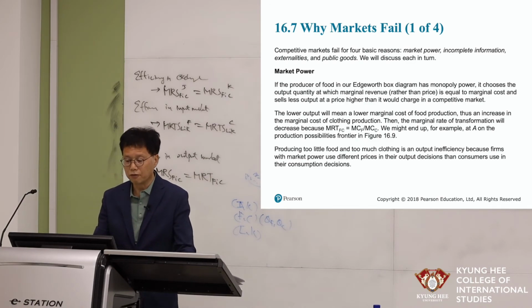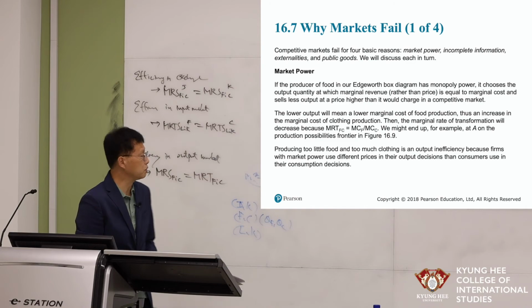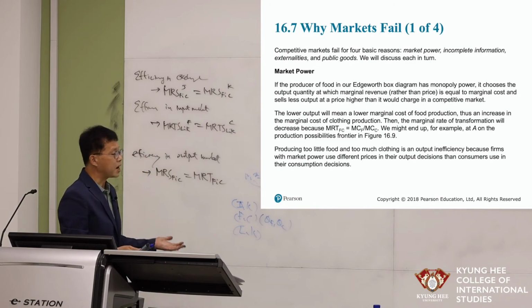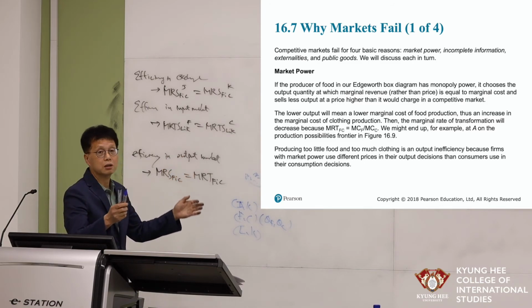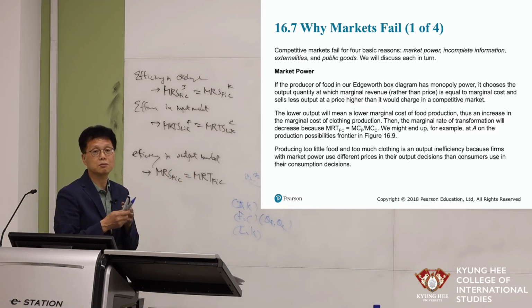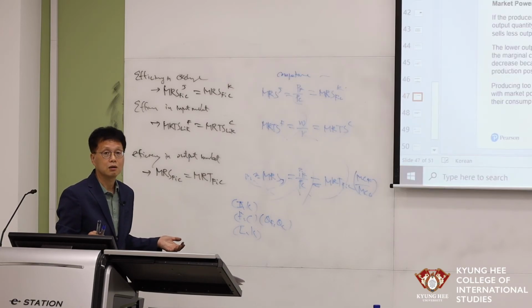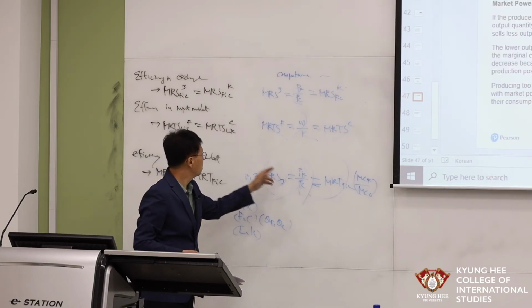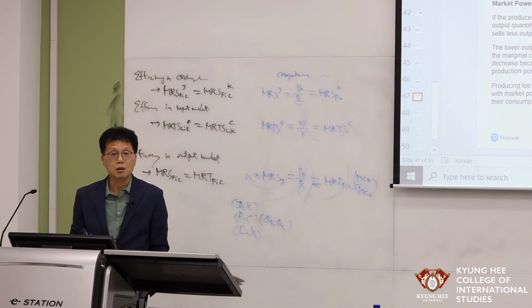Okay? Now we go to the final section. Why does the market fail? Until now we know that if the market is perfectly competitive, then national welfare, consumers' welfare, and producers' profit are maximized automatically, led by the price mechanism, right?